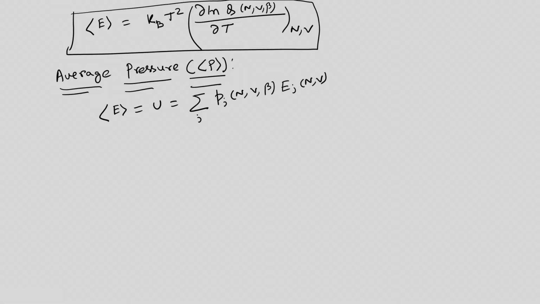We can write it as sum over j, where j is the number of states, Pj times Ej.